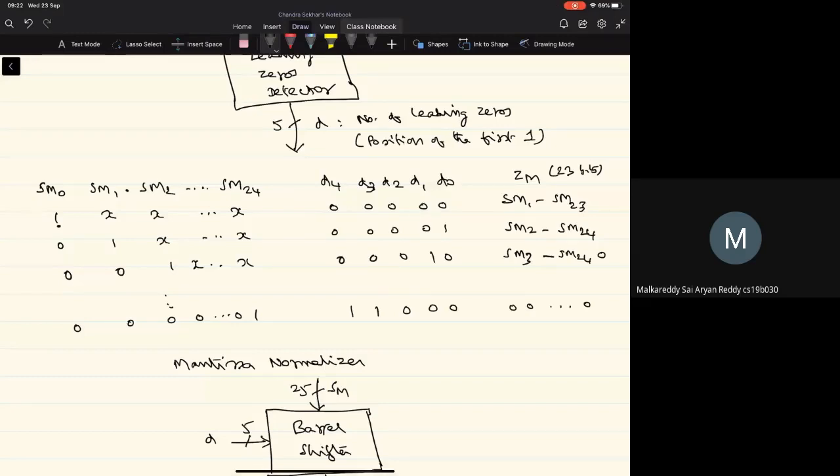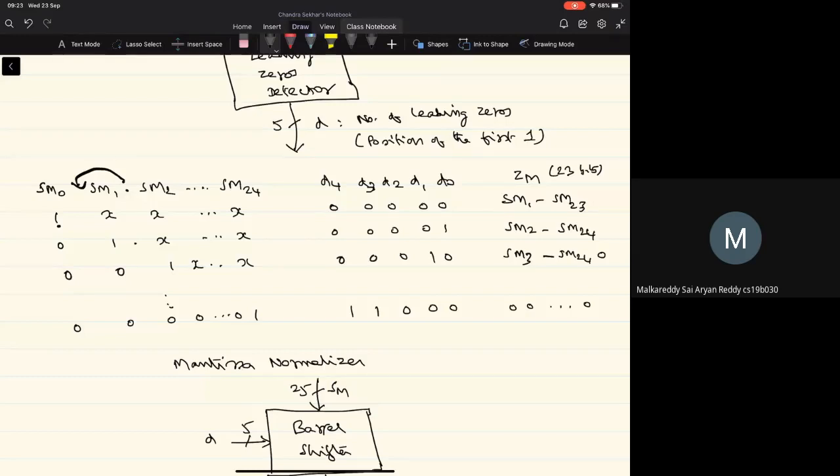Now I need to shift the binary point to the left by 1 bit. So what will be the mantissa fraction now? If the bit position is shifted here, the mantissa fraction for ZM is going to be SM1, SM2, and so on, 23 bits, that is up to SM23. If it is 0, 1, then already the binary point is in the right position.